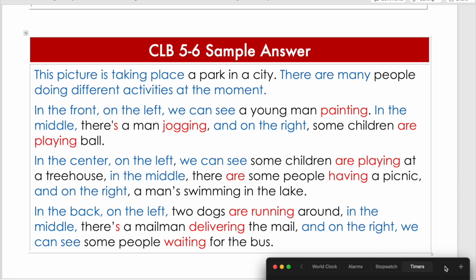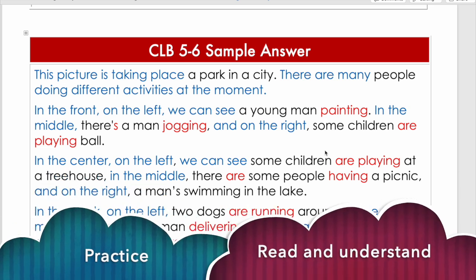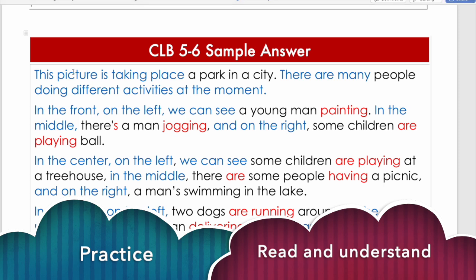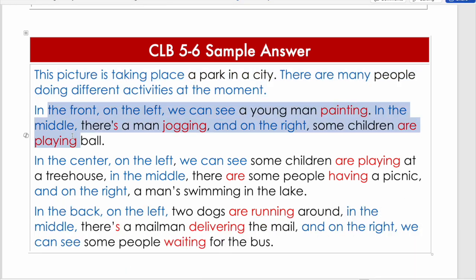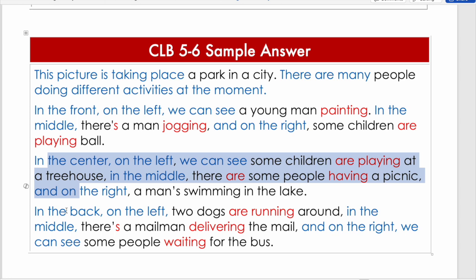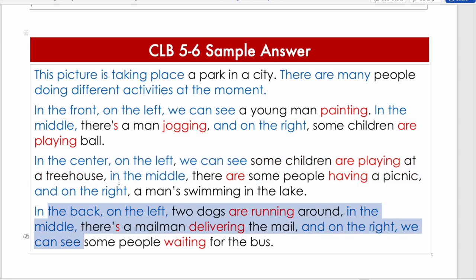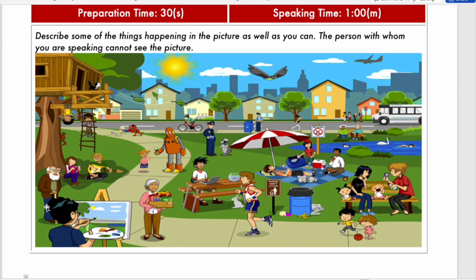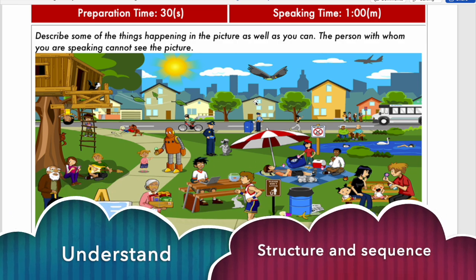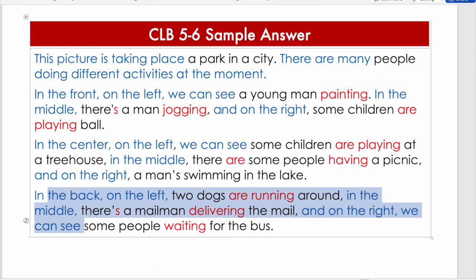So to practice, everyone, let's practice and let's make sure that we understand how the answer is connected. Okay, let's make sure how we spoke. We introduced in the front, in the center, in the back, how we connected ideas.